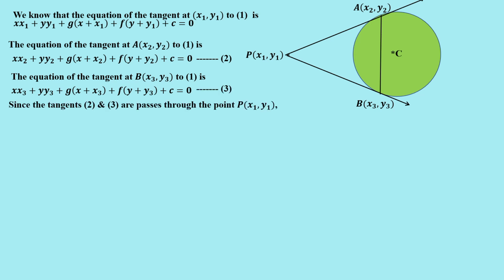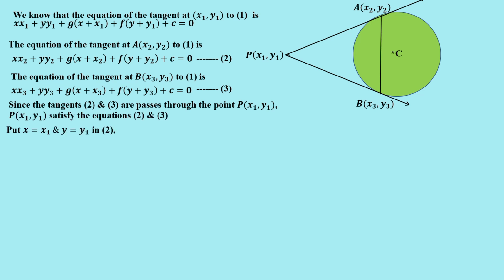So x x3 plus y y3 plus g into (x plus x3) plus f into (y plus y3) plus c equal to 0. Since the tangents 2 and 3 pass through the point P(x1, y1), it will satisfy the equations. So (x1, y1) satisfies equations 2 and 3 because 2 and 3 pass through P, right? So instead of x you put x1 and instead of y you put y1 in both equations 2 and 3.